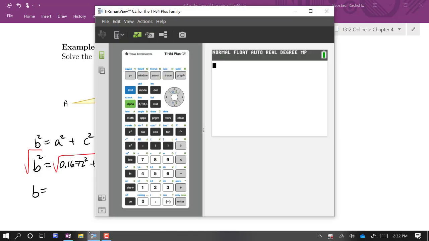So plugging this into the calculator, I've got the square root of 0.1672 squared plus 0.5143 squared minus 2 times 0.1672 times 0.5143 times cosine 128.3 degrees. And I get 0.6317.